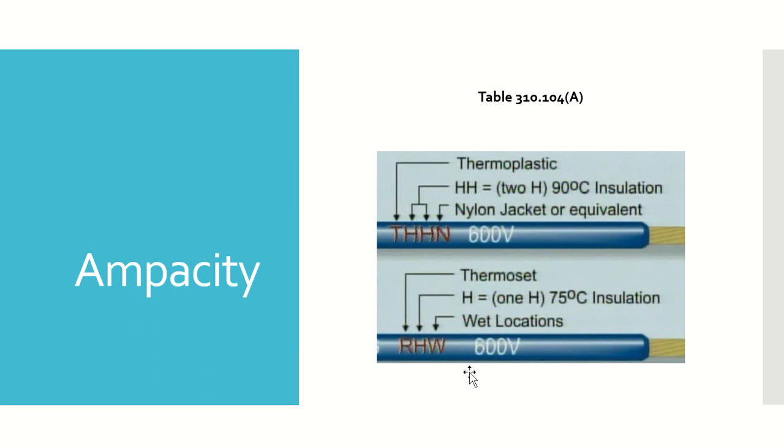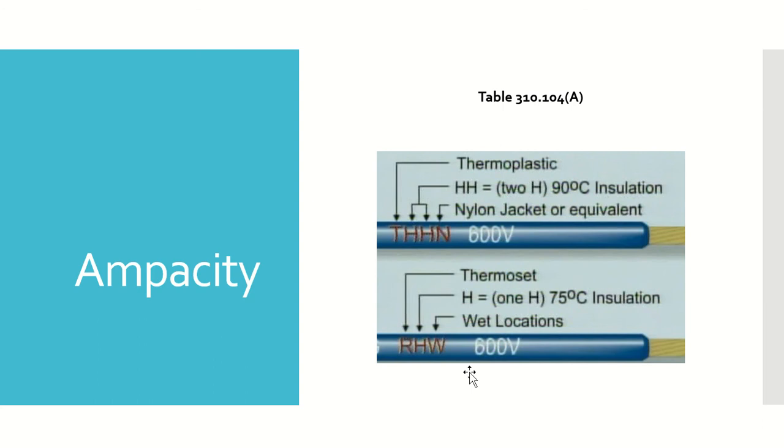So where can I find all this? This all comes out of Table 310.104(A). If you flip to that, it's showing an example of two different types of jackets on these conductors. The first one, THHN. If I am looking in that table, I can see that the letter type is THHN. The trade name is a high heat resistant thermoplastic.